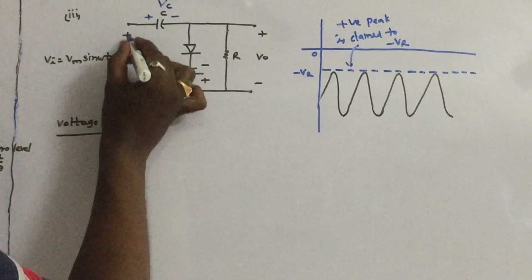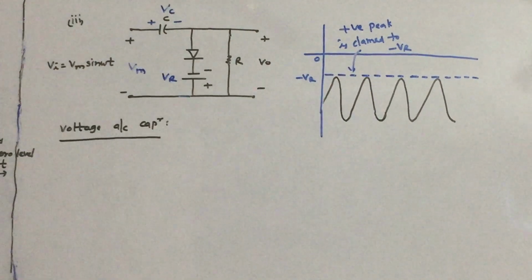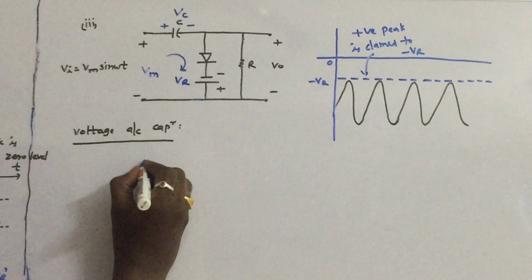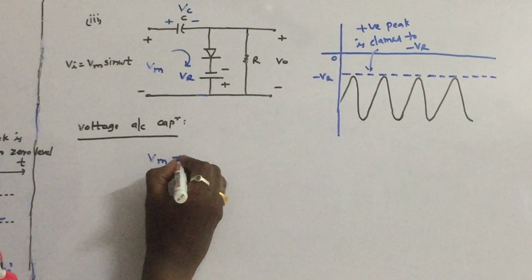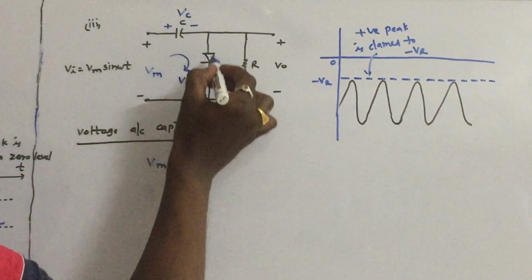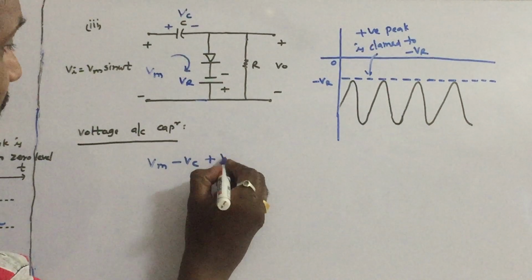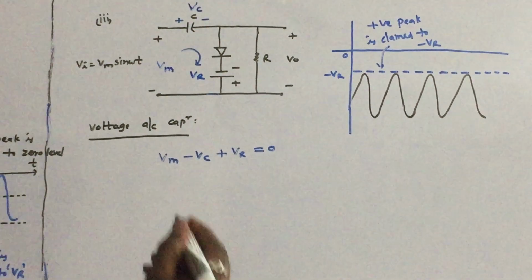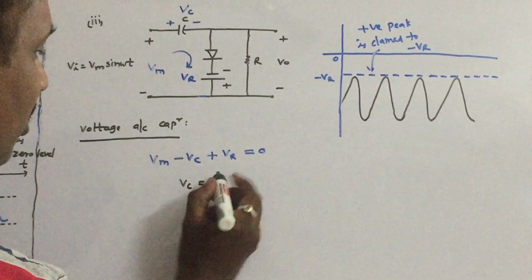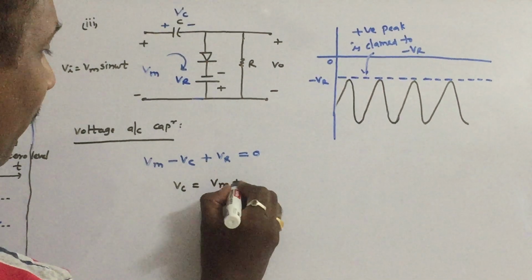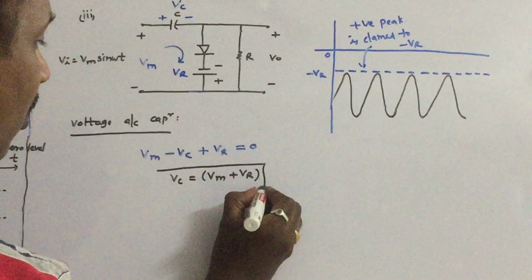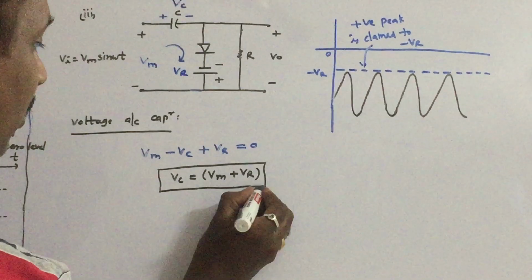When the input is plus Vm, the diode gets forward biased. Simply apply KVL to this loop: Vm minus Vc plus Vr is equal to 0. Therefore, the voltage across the capacitor is Vm plus Vr.